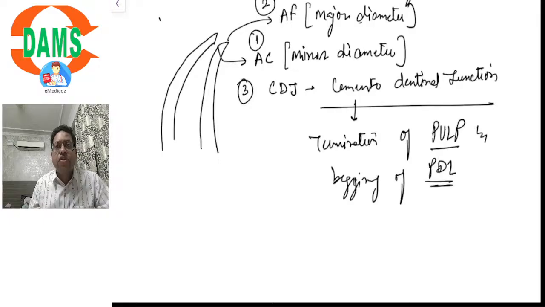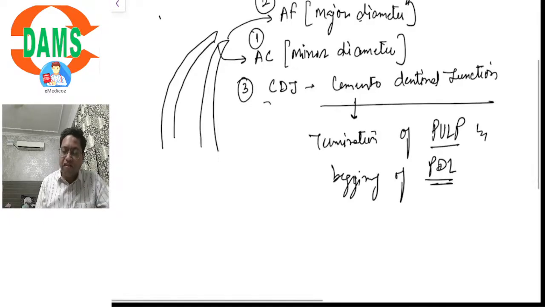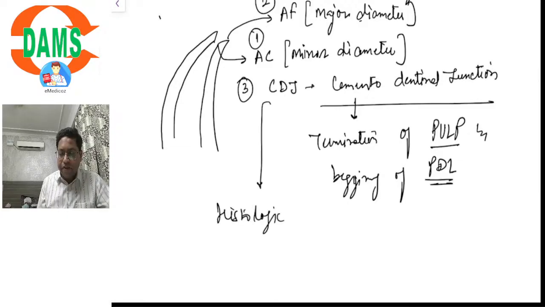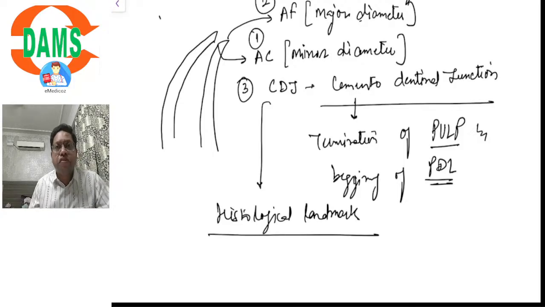So basically the junction of the pulp and the PDL is known as the cemento-dentinal junction. So this is a histological landmark. Histological landmark means it can only be seen in cross sections of the tooth studied under a microscope. It is not visible clinically and definitely not visible on the radiograph.